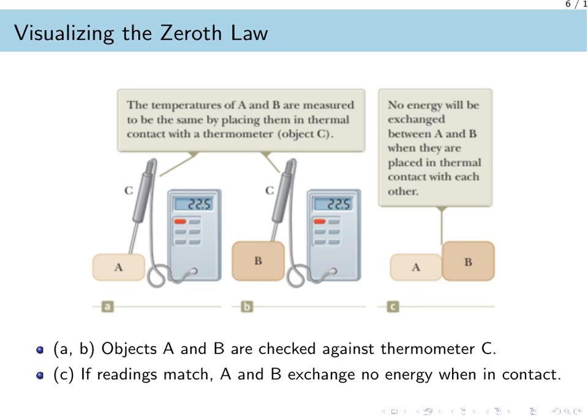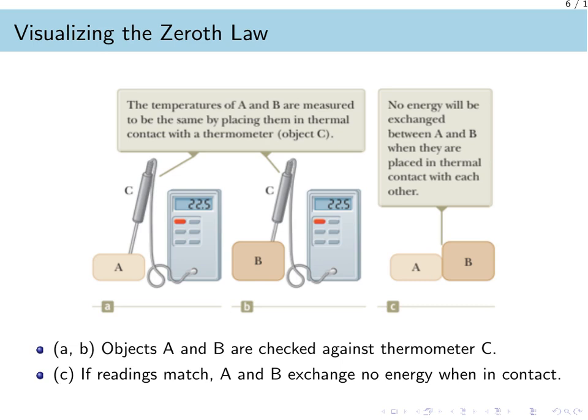We can visualize the Zeroth law using a simple experiment with three objects. In the first two frames of the diagram, we see a thermometer, labeled as object C, being used to measure objects A and B separately. The digital display on the thermometer shows a reading of 22.5 for both.